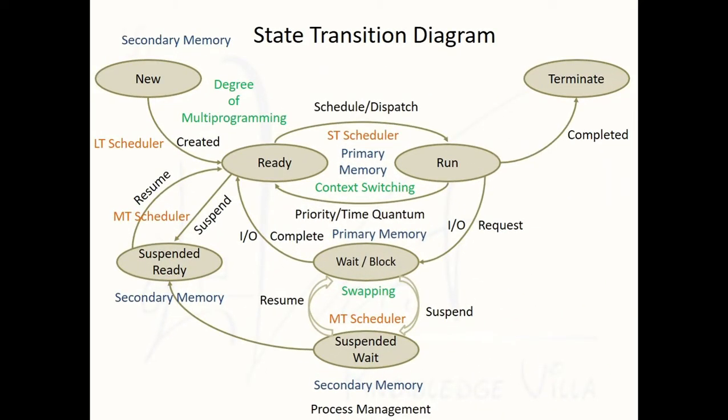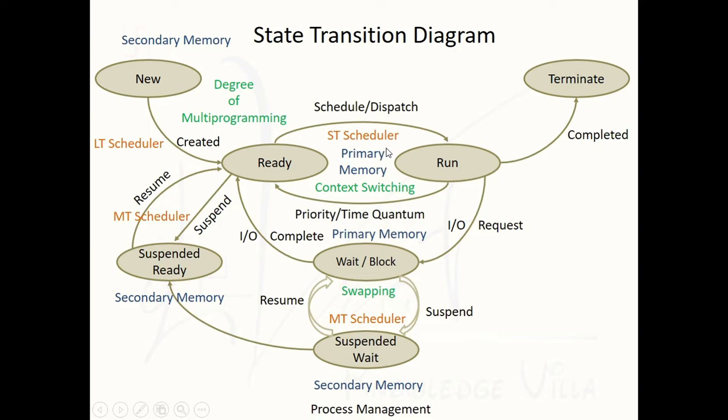During the session on the state transition diagram, we understood that whenever processes are available in the ready state and are moving from the ready state to the run state, at that time the short term scheduler calls the dispatcher, and the dispatcher allocates the CPU to the current process. It means at that time the commander in charge was the short term scheduler.